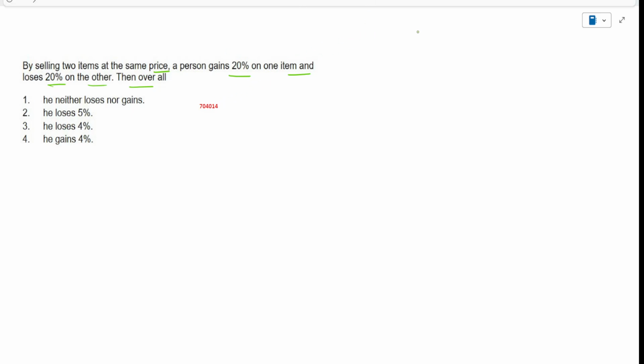In this case, when for the same selling price a 20% loss or 20% gain occurs, there is a direct formula that you can use: always a loss occurs, and loss percentage equals (x by 10) squared, where x is the loss or gain percentage. So 20 by 10 squared is equal to 4.